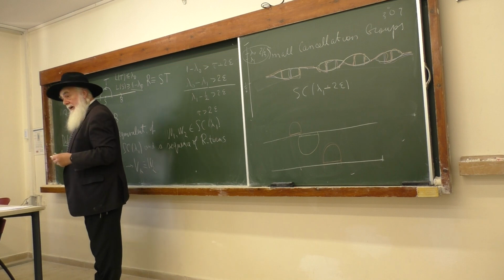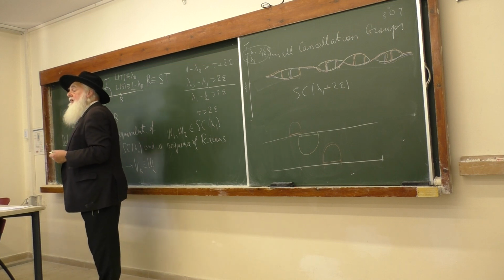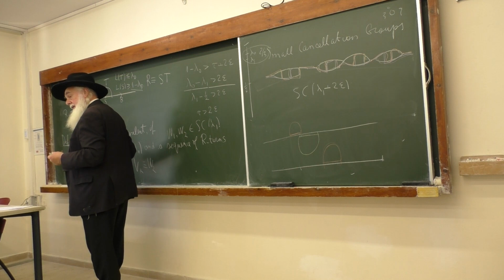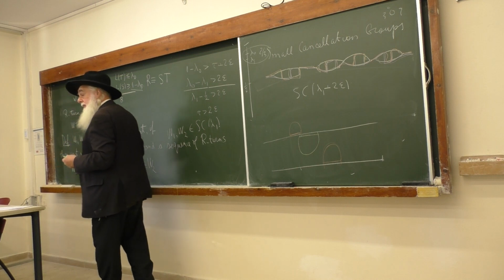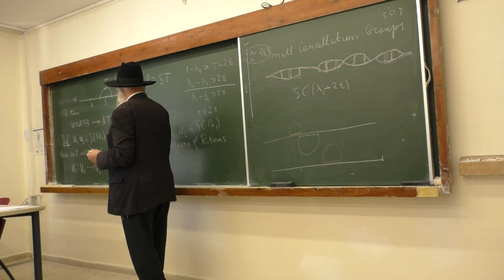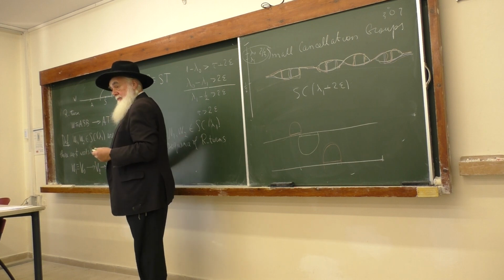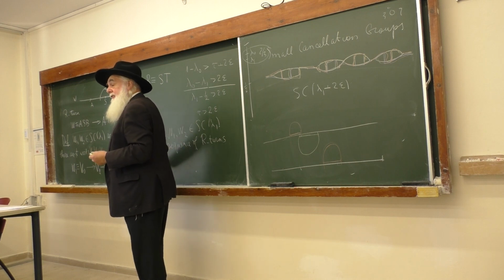One closing remark now. When we originally defined this equivalence, it was dependent on two parameters, lambda 1 and lambda 0. In fact, it turns out it depends only on lambda 1.